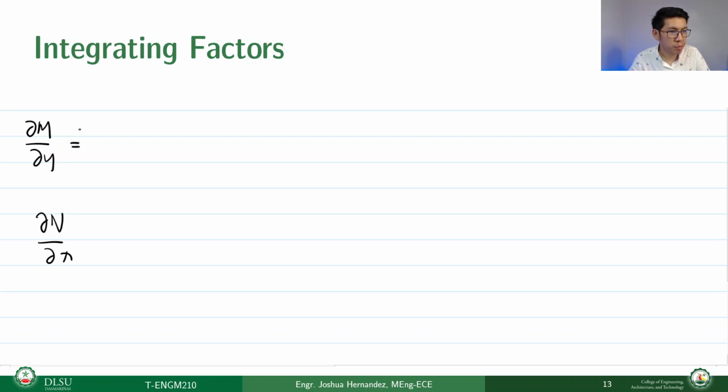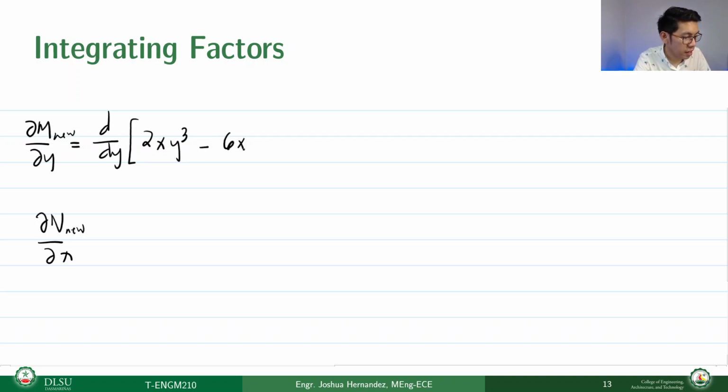So the partial derivative of M with respect to y is actually the derivative with respect to y of our M new, so the derivative with respect to y of 2x y cubed minus 6x squared y squared is actually equal to what?